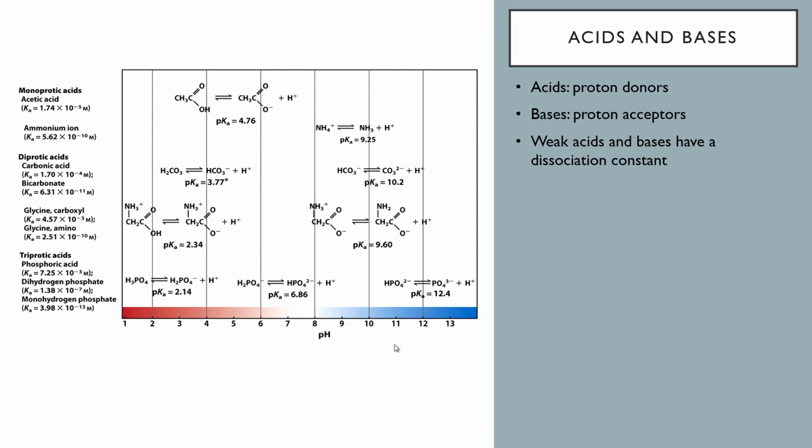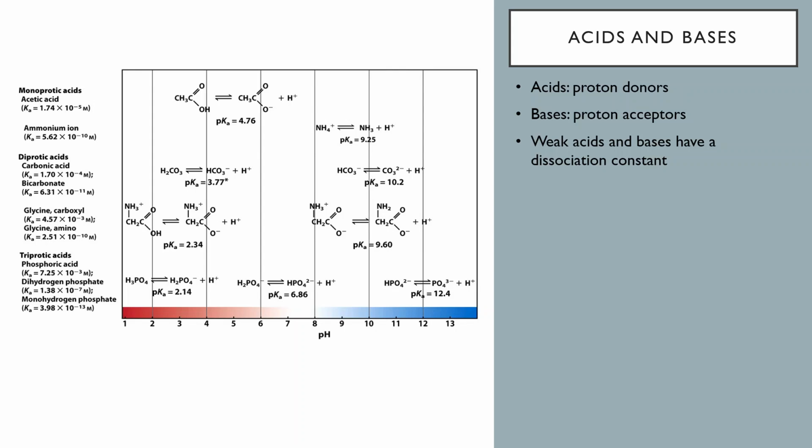Weak acids and bases are those solutions that fall somewhere in the middle between something like hydrochloric acid and sodium hydroxide. If you put a weak acid into an aqueous solution, some of it will dissociate into a proton and its conjugate base, but some of it will stay in its acid form.